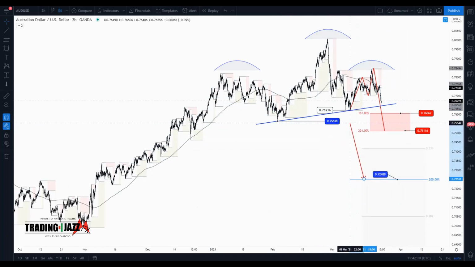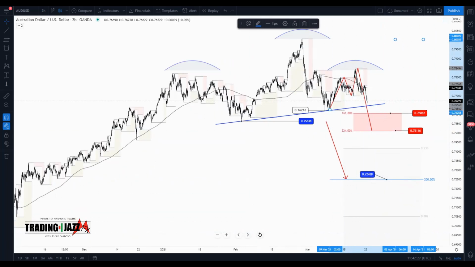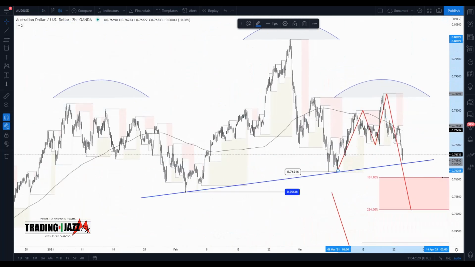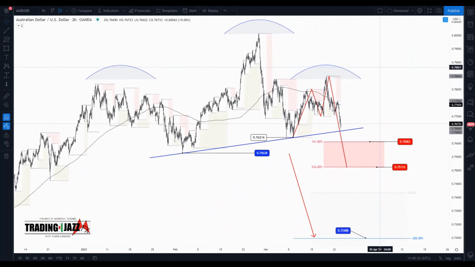Of course we need to wait for validation of that heads and shoulders, but I will not be surprised, based on that heads and shoulders, to see the Kiwi falling into those levels, 72.48, 200% Fibonacci extension. I will not be surprised to see that happen, but that doesn't invalidate the possibility of forming patterns during that process.